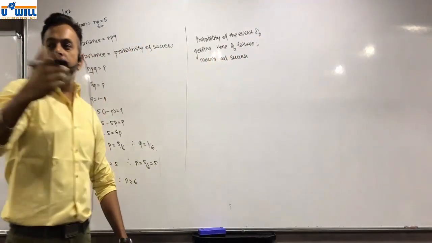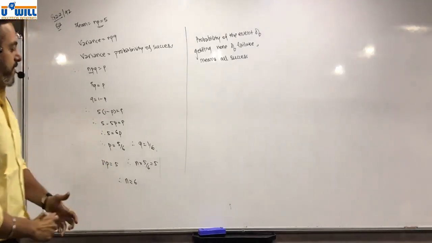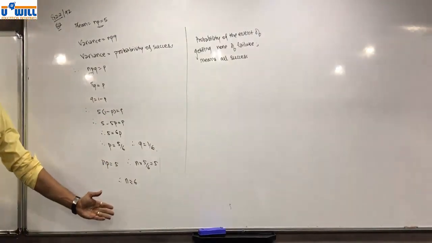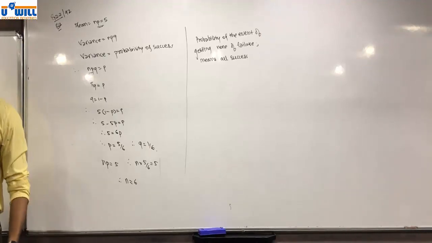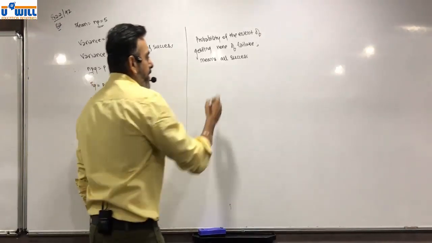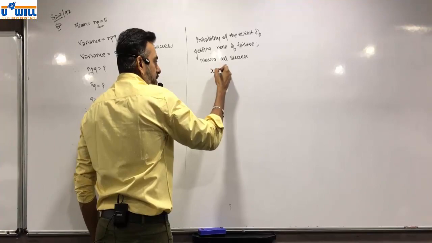None of failure means all success. Now what are the trials? Number of trials 6. So in all of them I need success. So can I say x is equal to 6?